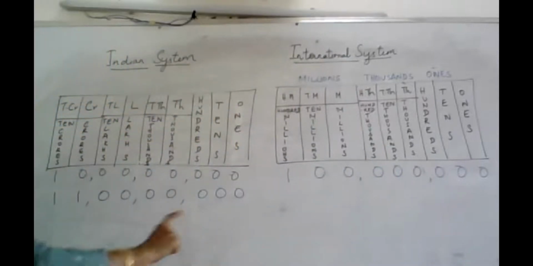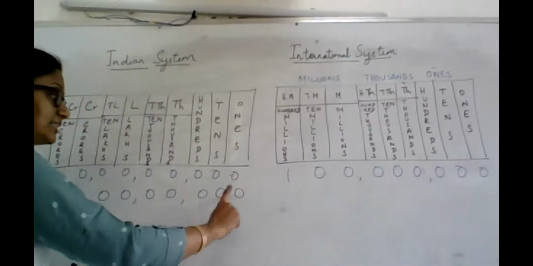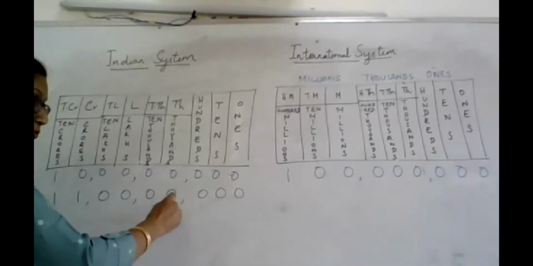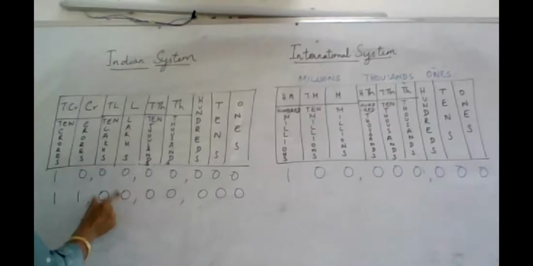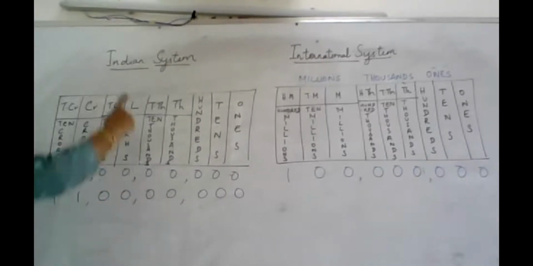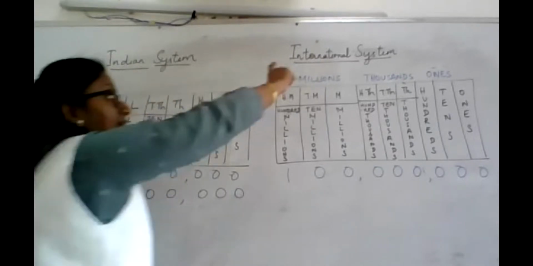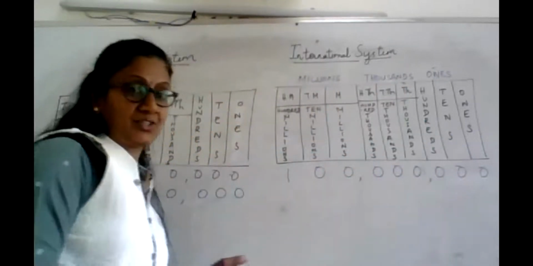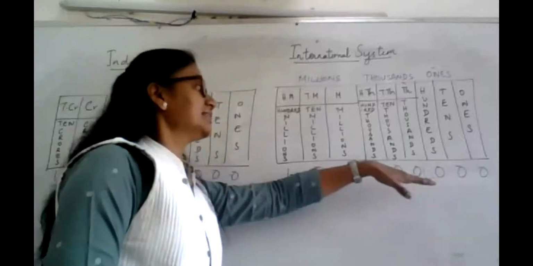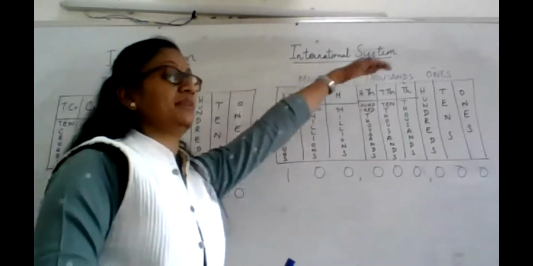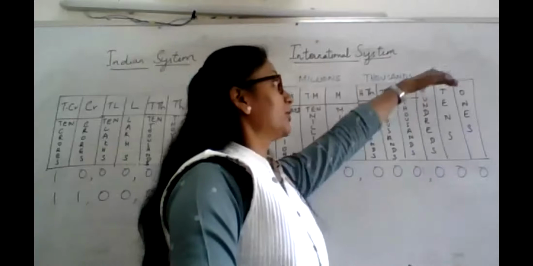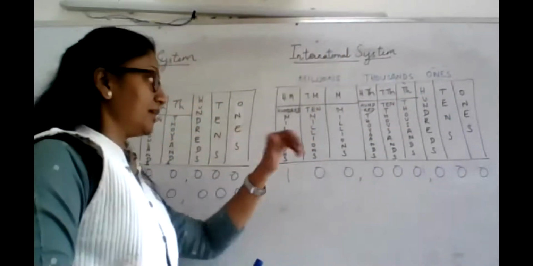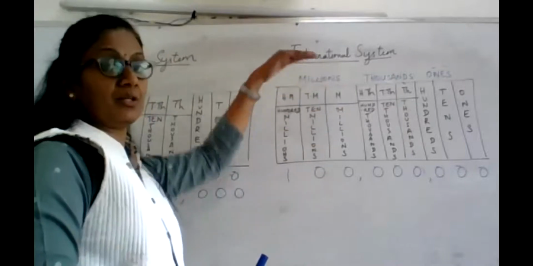Unlike in the Indian system, where only the first 3 digits, the ones, tens and hundreds, are taken together, and afterwards 2 digits are taken at a time, in the international system you always take 3 digits at a stretch. That means all 3 digits taken at a time belong to one period. The first 3 belong to the ones period, the second 3 belong to the thousands period, and the next 3 belong to the millions.